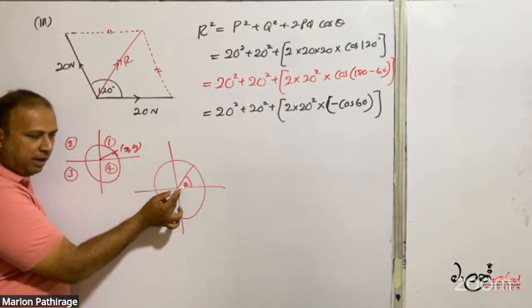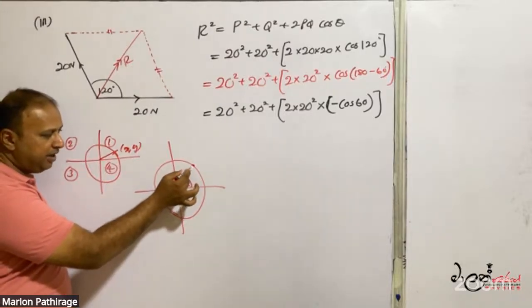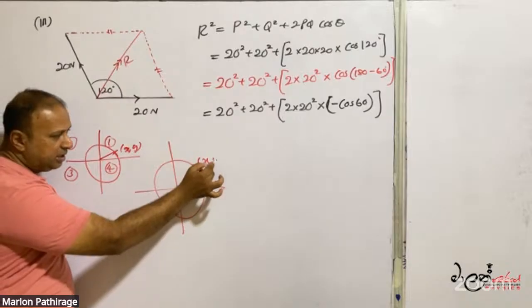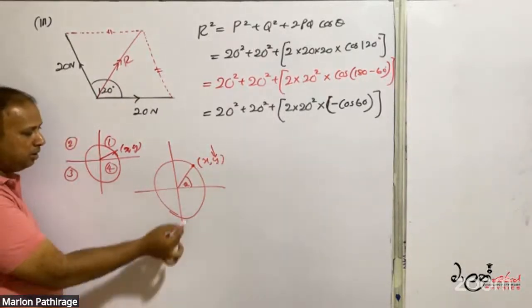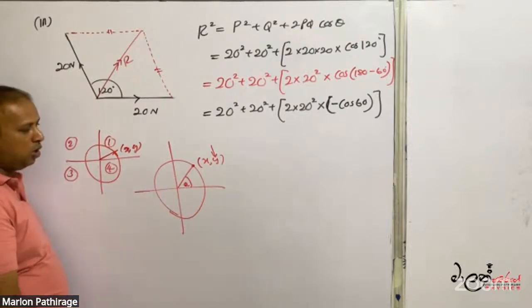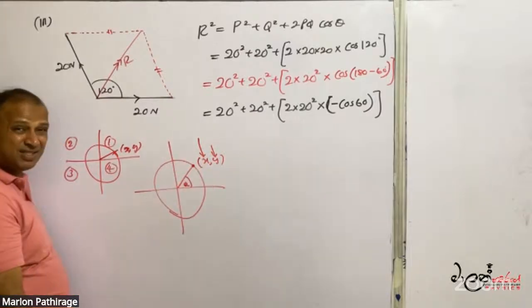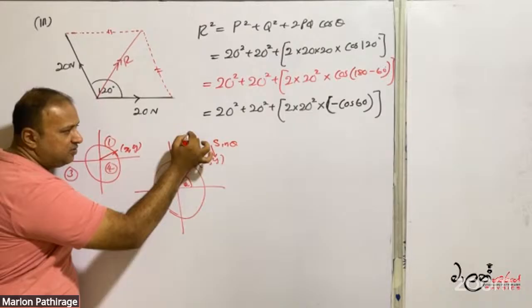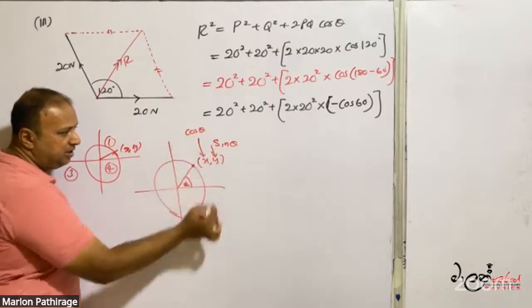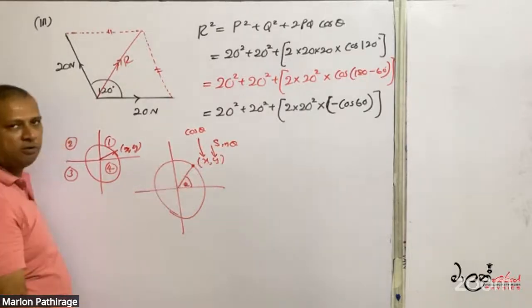Then the sine value of this angle is equal to the corresponding y coordinate. The cos value of this angle is equal to the corresponding x coordinate. So this one is sin theta, this one is cos theta. Therefore, cos theta is x, sin theta is y.